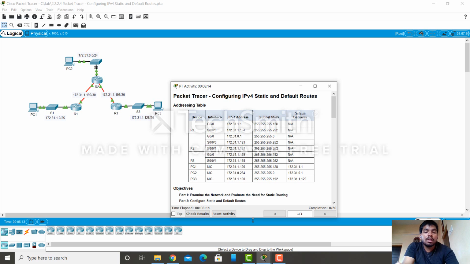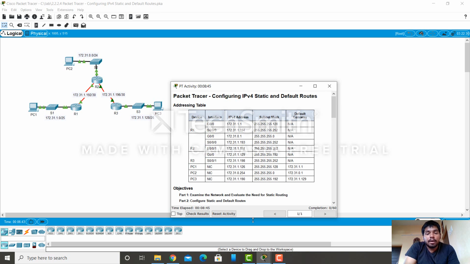First, in the addressing table, we need to draw the columns. Column 1 device, column 2 interface, column 3 IPv4 address and subnet mask, and after that default gateway. Devices R1, R2, R3.